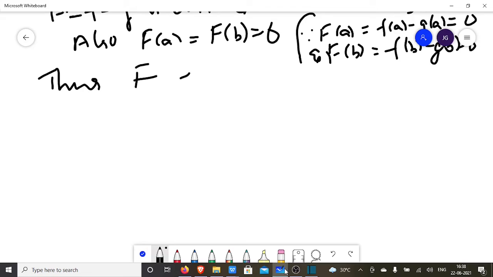Thus F satisfies all conditions of Rolle's theorem.